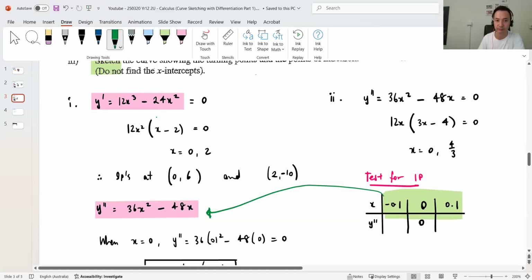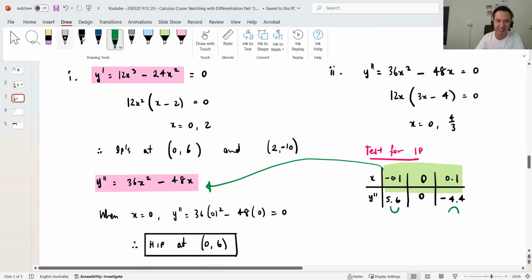So 36 times 0.1 squared minus 48 times 0.1 is negative 4.4. And 36 times negative 0.1 squared minus 48 times negative 0.1 is 5.2. So that's telling me a change in concavity: it was happy face, then it became sad face in the middle there. Perfect.